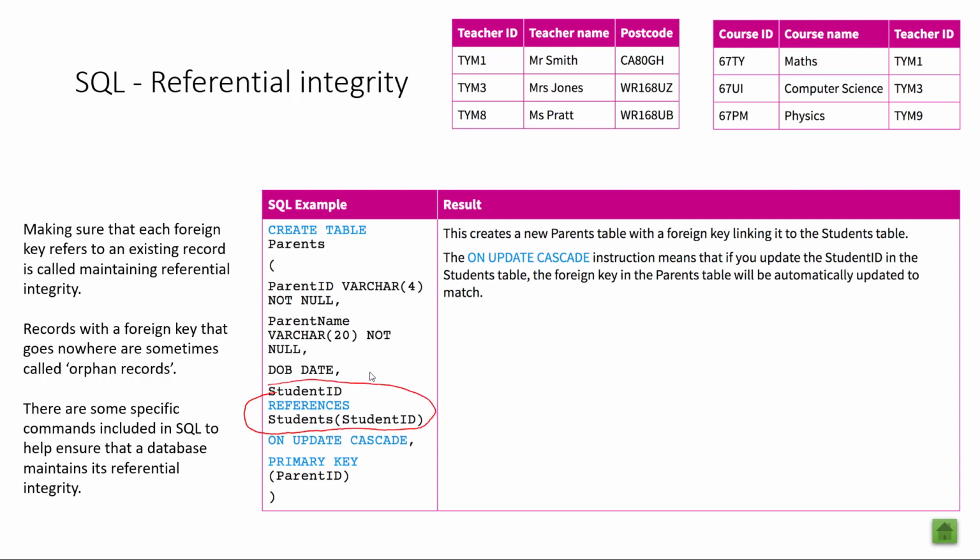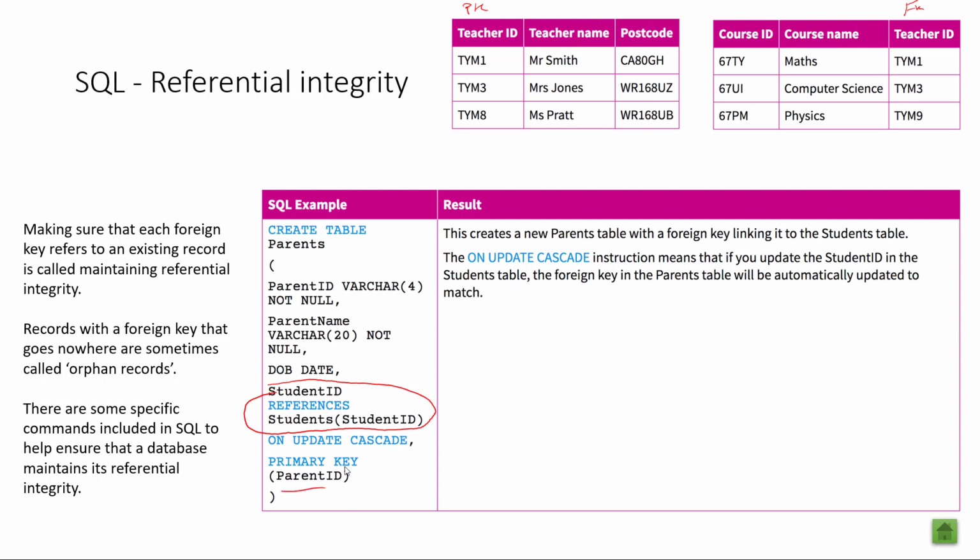So you can force primary keys or tables to have foreign keys. So what I mean by this is, for example, here is a foreign key and this is a primary key. You can make the parent table have a student with a student ID on update cascade.